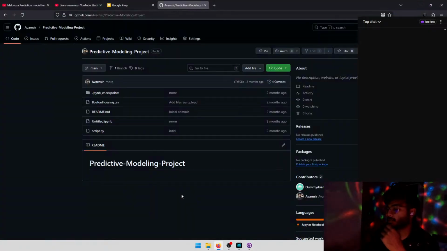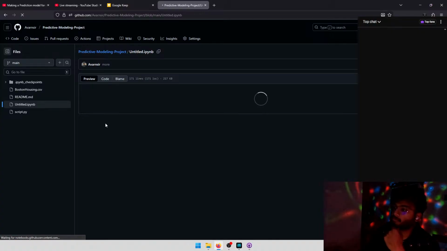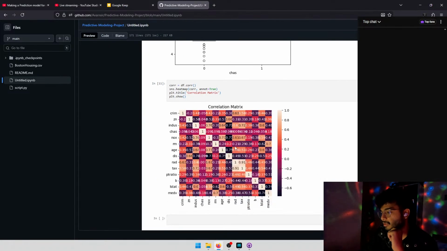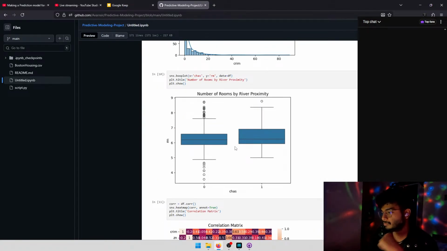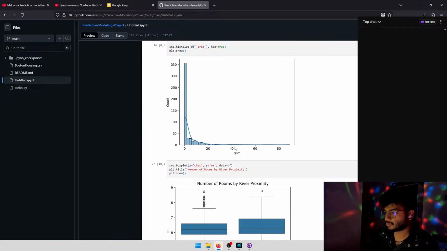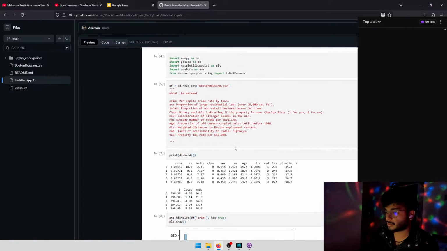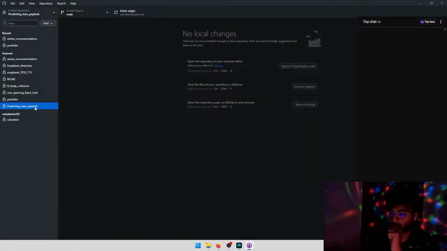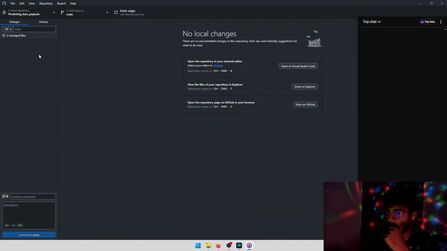The first one is the predictive model, where I have to predict the housing price of some areas. Over here I have written some code for number of rooms, river, and some other stuff. The second one is predicting loan payback.